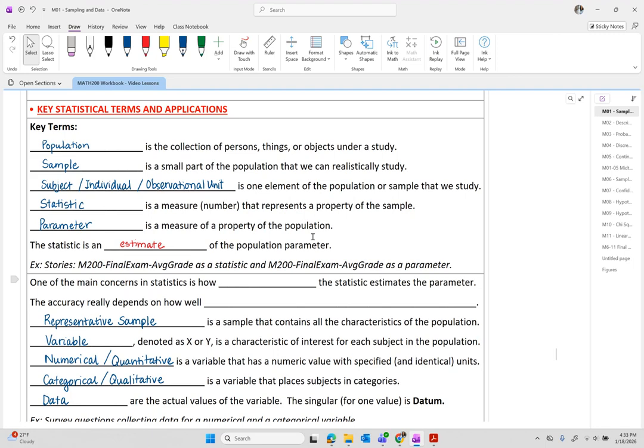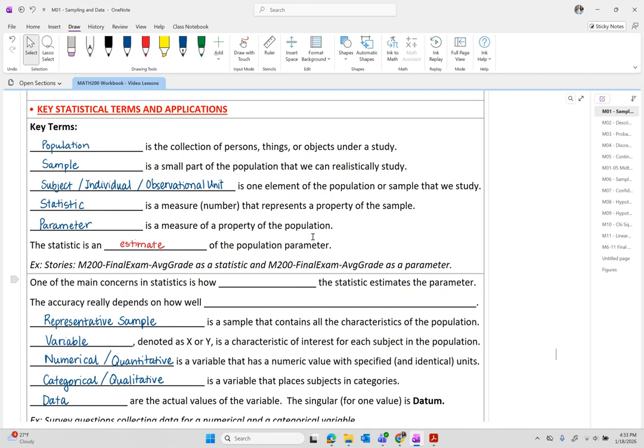So the statistic and the parameter are actually the same measure. The average of the sample will be an estimation of the average of the population. A proportion of heads and tails in your experiment will be an estimation of a proportion of heads and tails in the population, which would be infinitely many repetitions.